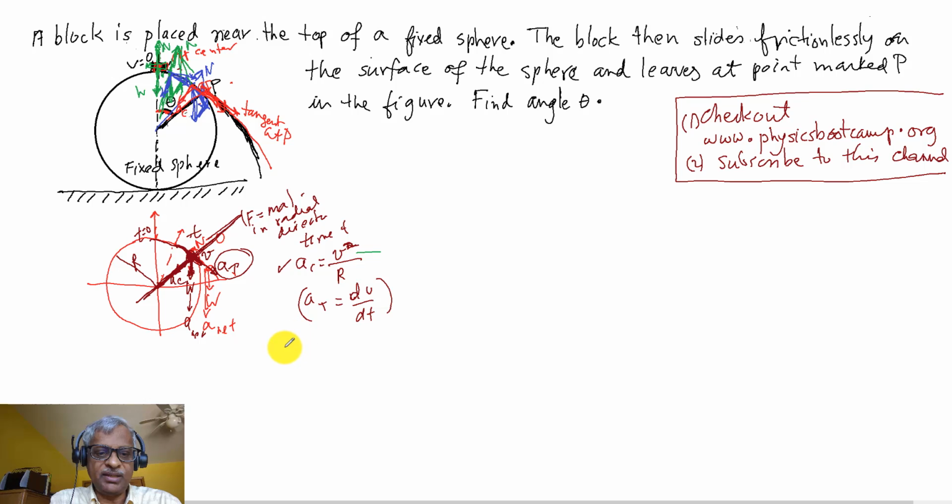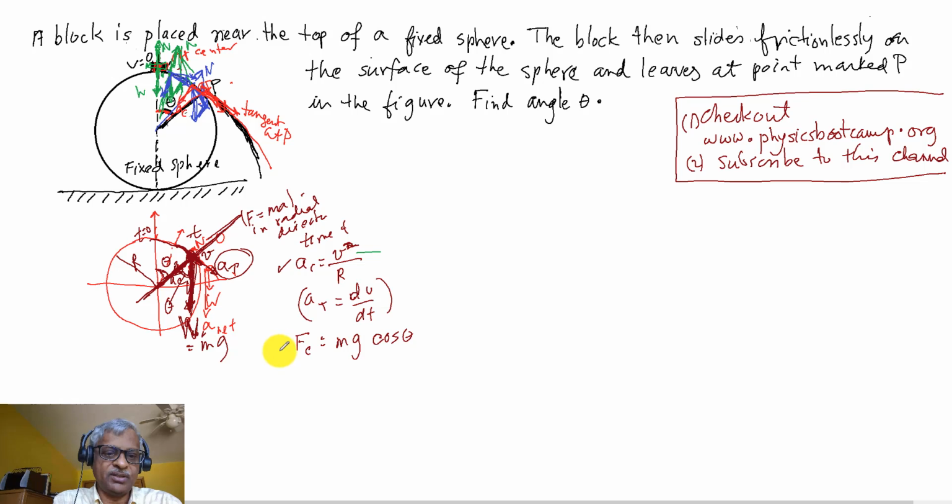But we're not going to care about that. So we got AC, and it's in that direction. If this angle is theta, then this angle is also theta. The weight is the only force in that direction. Then FC is going to be the weight mg cosine theta.